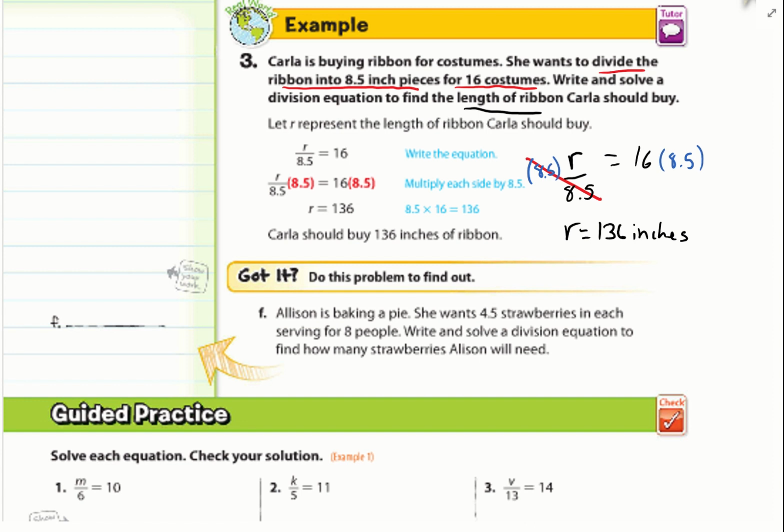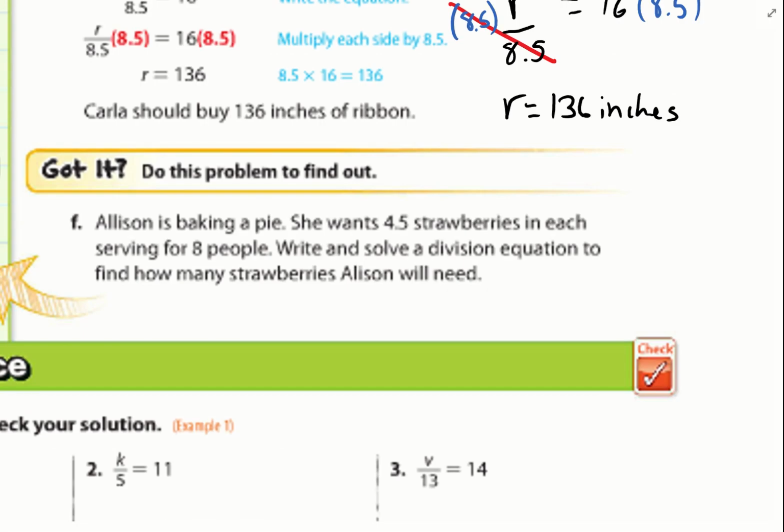So go ahead and try F. For F, we are going to find the strawberries, S. So strawberries is S, and in each one, we have 4.5, and this is going to be for 8 people.